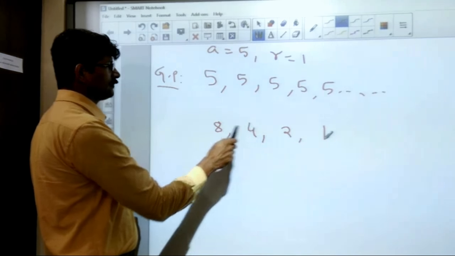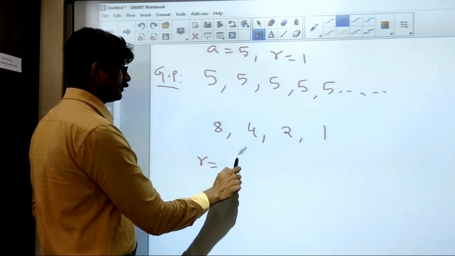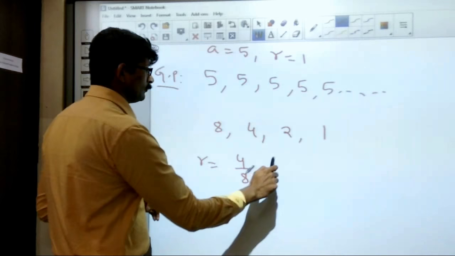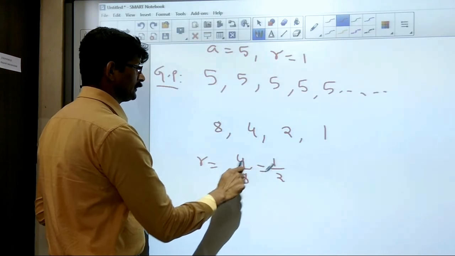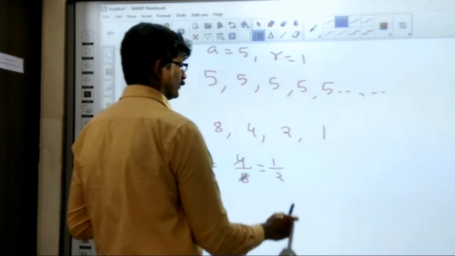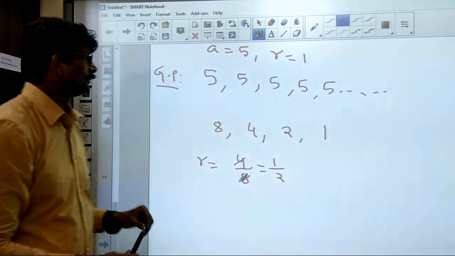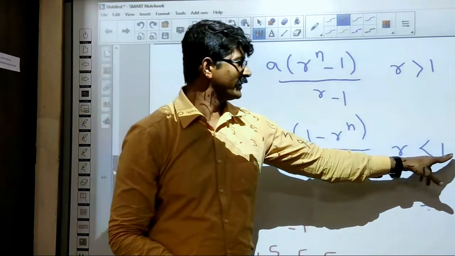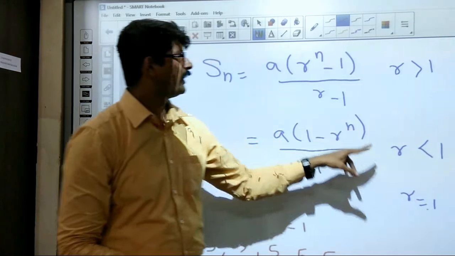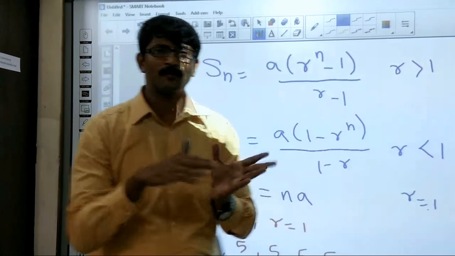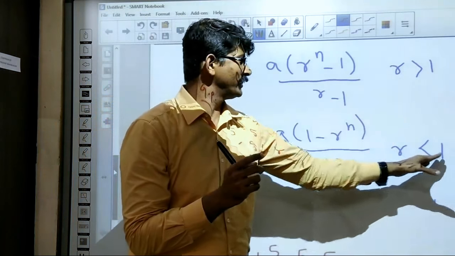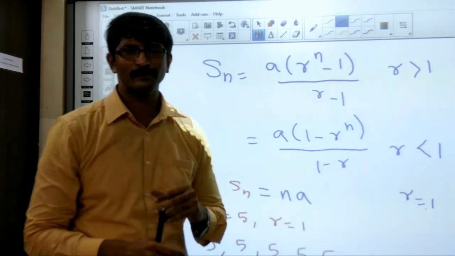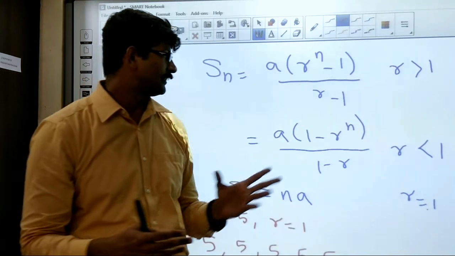The succeeding term divided by the preceding term: 4 divided by 8 becomes 1 by 2, or 2 divided by 4, which is again 1 by 2. So it is not negative, it is less than 1, and the earlier case was more than 1. Sorry, the word negative was wrong, it was inverse.